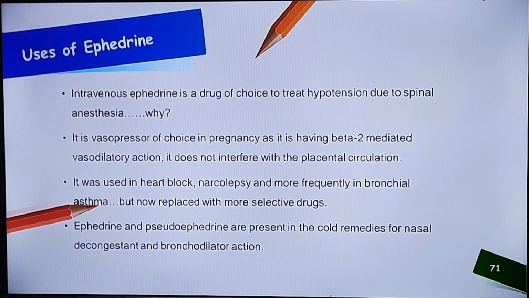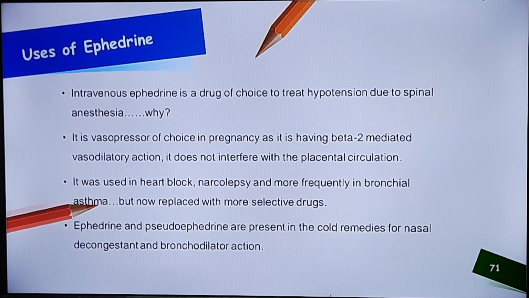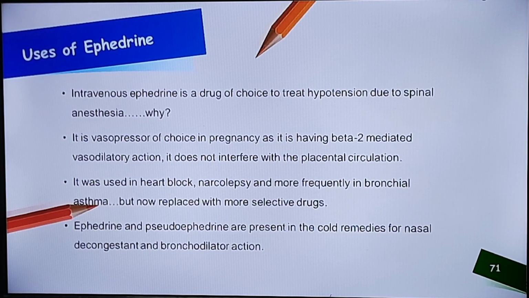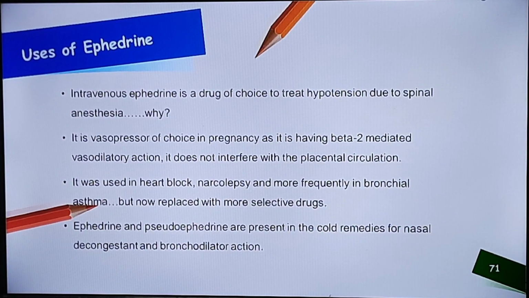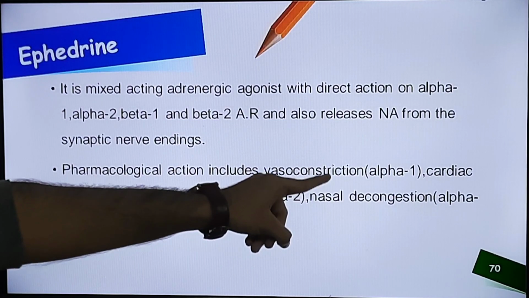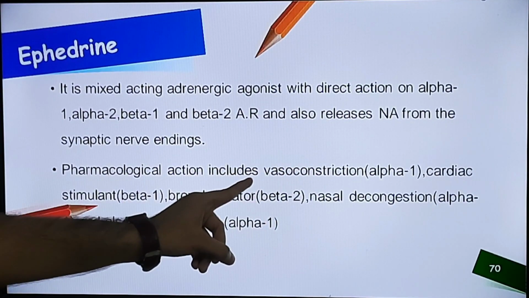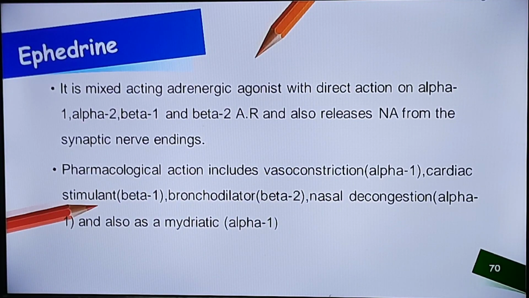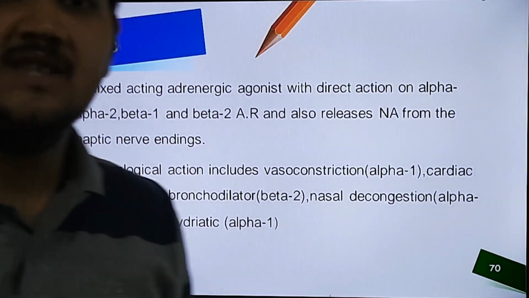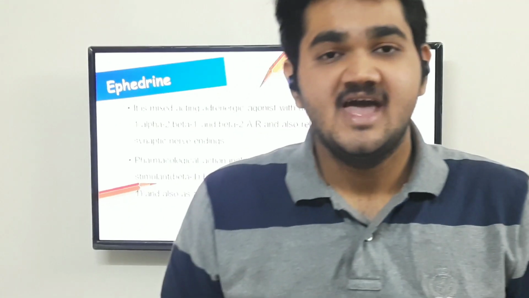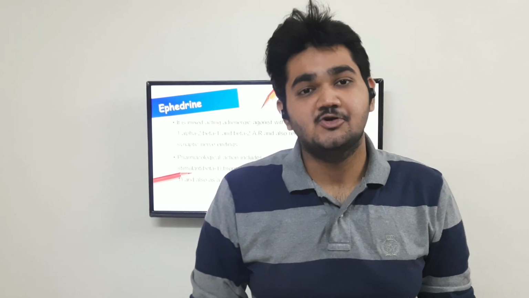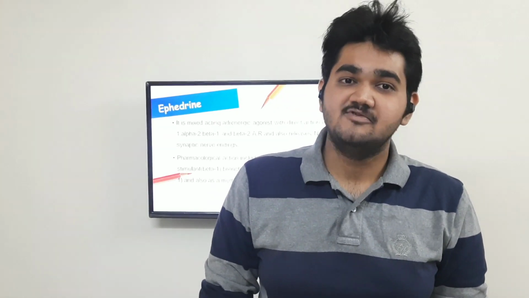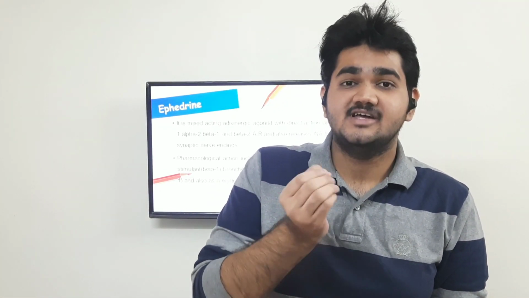Intravenous ephedrine is a drug of choice to treat hypotension due to spinal anesthesia. Question is why? Very simple. अल्फा 1 को स्टिम्युलेट करेगा, वेजोकंस्ट्रिक्शन होगा. वेजोकंस्ट्रिक्शन से क्या होगा? टोटल पेरिफेरल रेजिस्टेंस बढ़ेगा and because of that increase in total peripheral resistance there will be increase in the blood pressure.